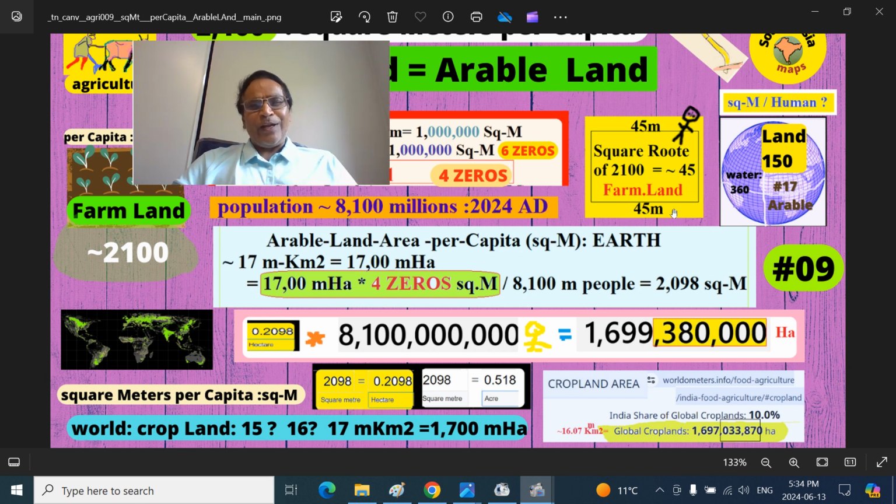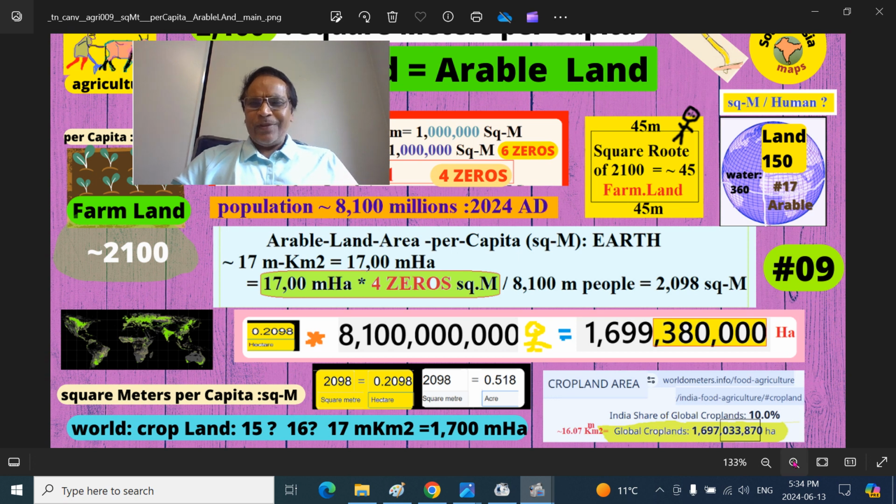That means if you build a fence of 45 meters all the way, four sides like a square, and consider that is the farmland you will give to every person on the planet Earth as of 2024.